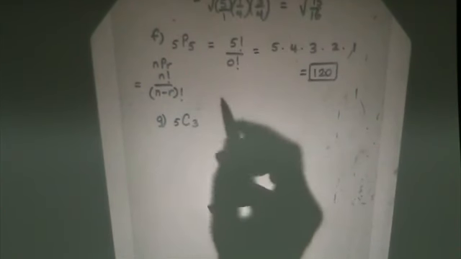G. Regardless of order, how many ways can you choose 1? Let's change that word 1 to 3. Regardless of order, how many ways can you choose 3 out of these 5 workers? The answer is 5 choose 3, because it said order not important.